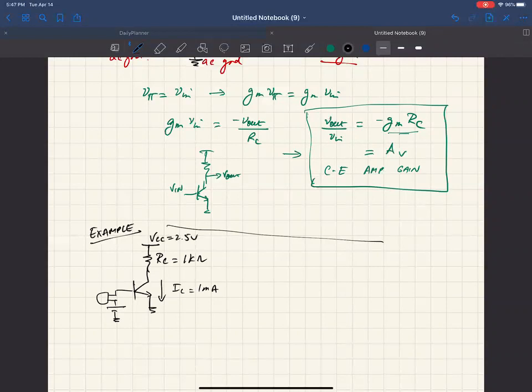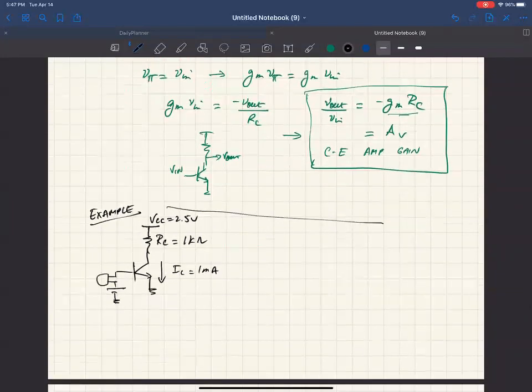We'd already used this as an example, but let me do it again. So GM, with 1 milliamp, is I sub C over V sub T, so it's 1 times 10 to the minus 3 over 26 times 10 to the minus 3, or 1 over 26.